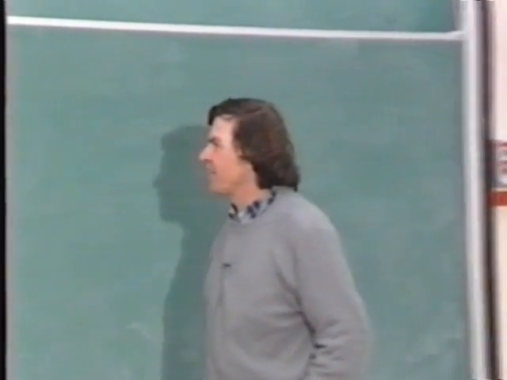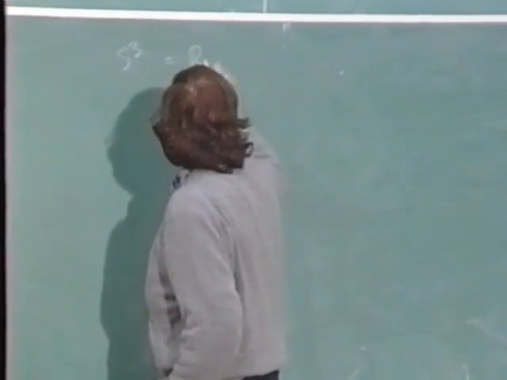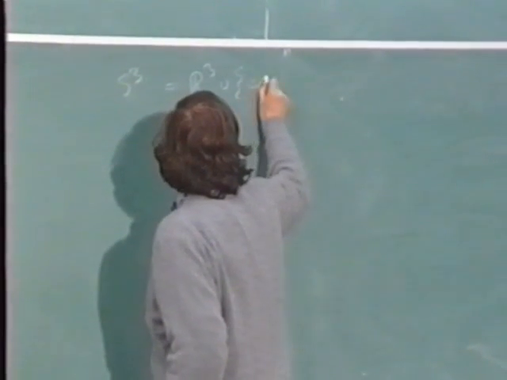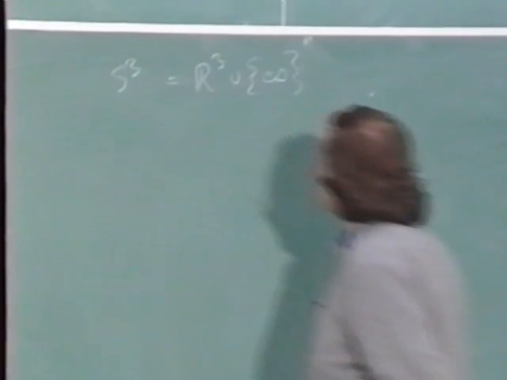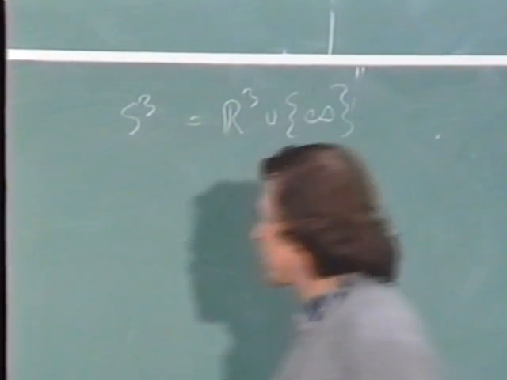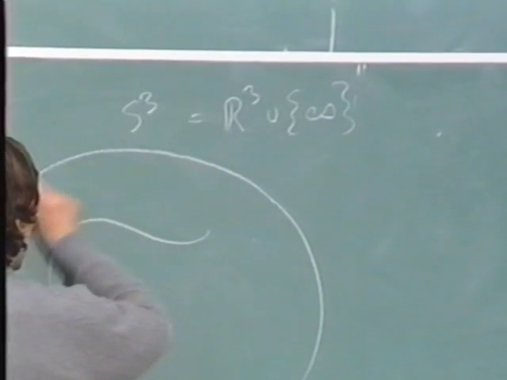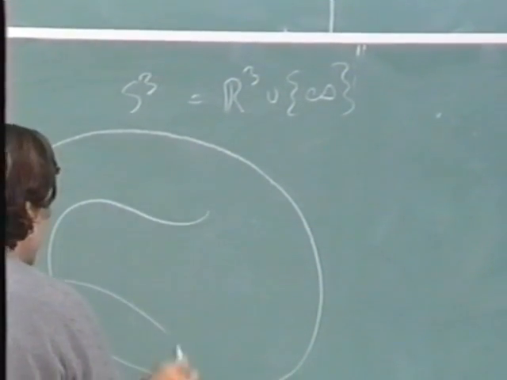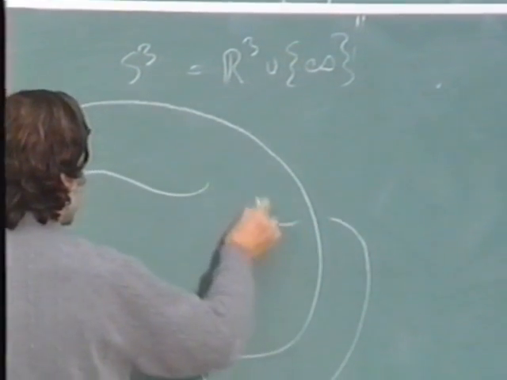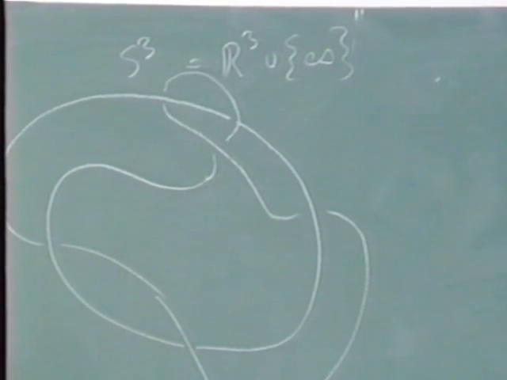So in particular, where this is usually used is you start from S3, which is R3 union infinity. It's the one-point compactification of R3. And take a collection of solid tori. This collection of solid tori is really represented by, there might be just one, so it might be represented by a knotted circle.